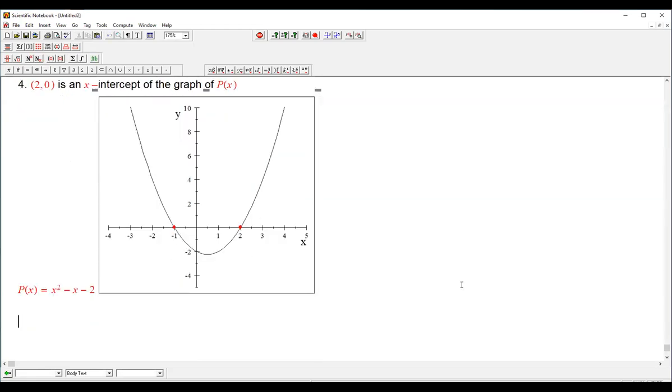Now, there's another interesting theorem that you're also going to learn in calculus, which we call the intermediate value theorem for polynomials.